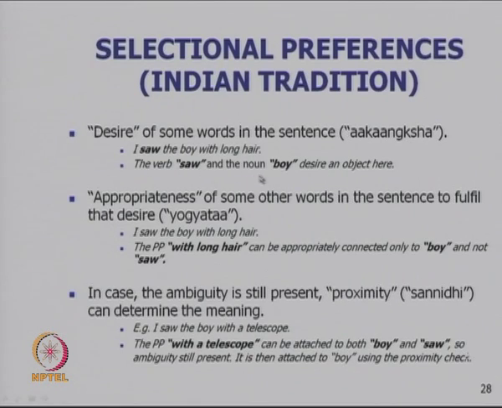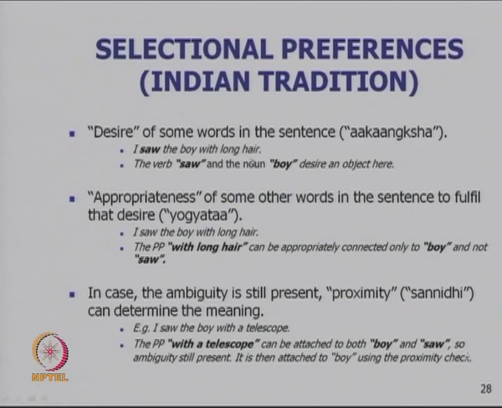The verb saw and the noun boy have a semantic relationship. The verb saw desires an object here. So, here saw is the verb which desires an object, and boy satisfies this desire by being the object of that activity.